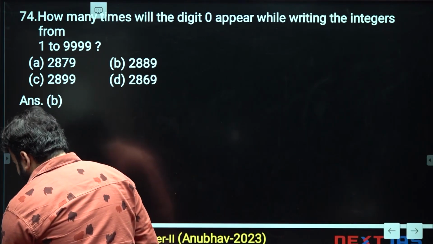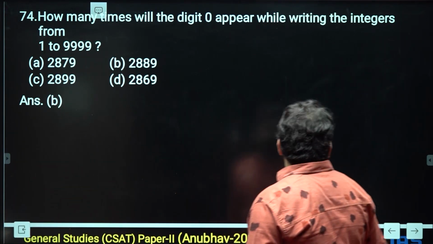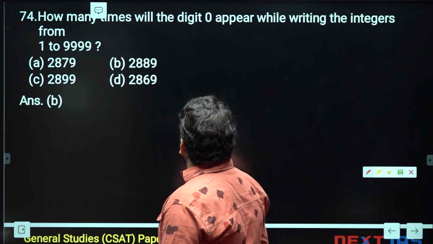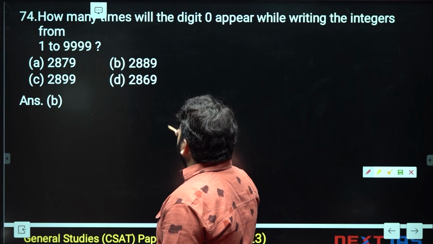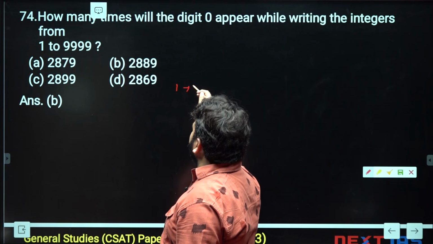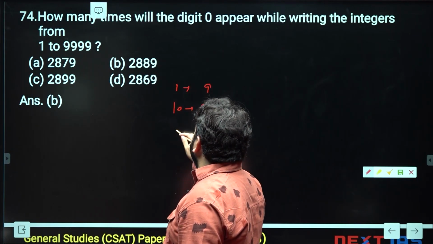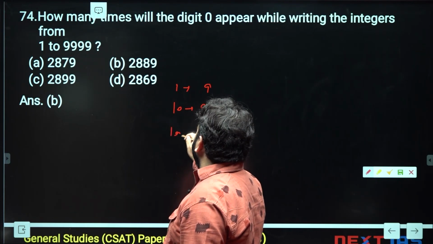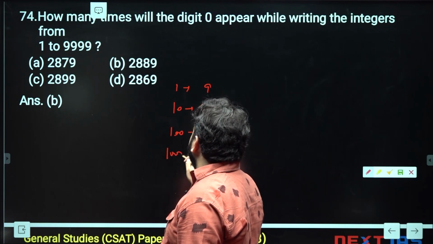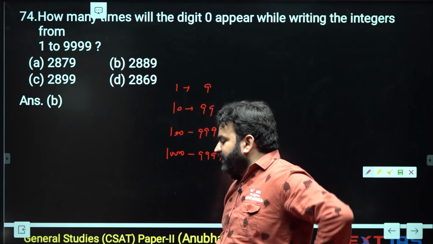Single digit numbers will be 1 to 9, then 10 to 99 are 2 digit numbers, 100 to 999 are 3 digit numbers, and 1000 to 9999 are 4 digit numbers. So these are the total numbers.